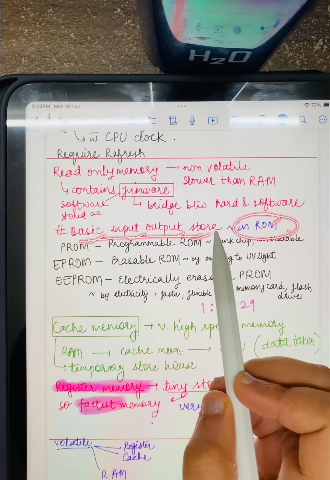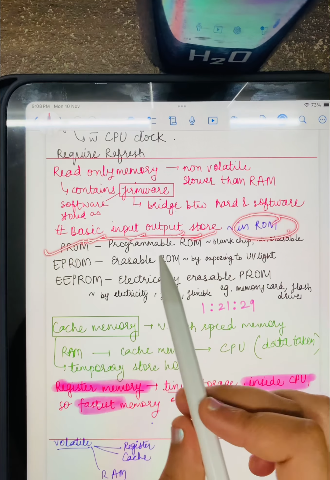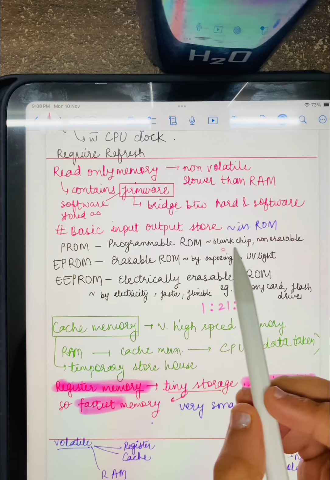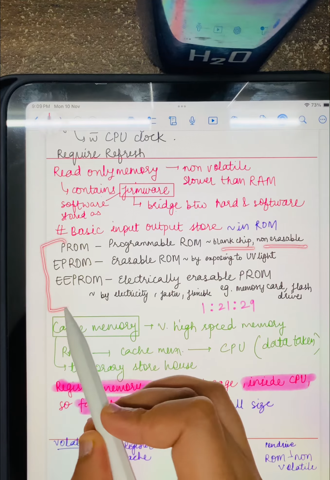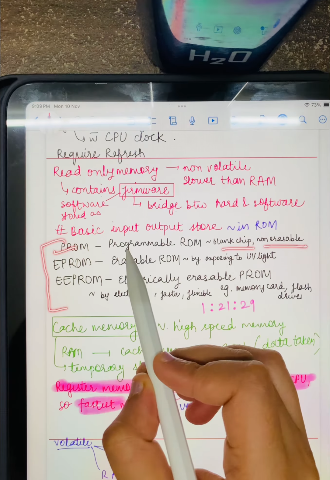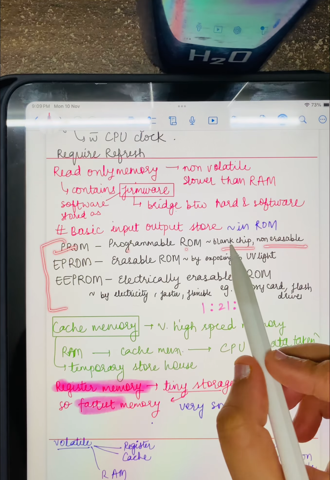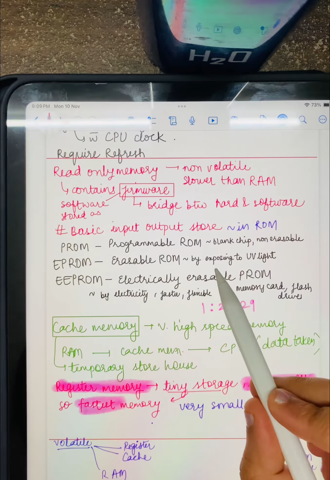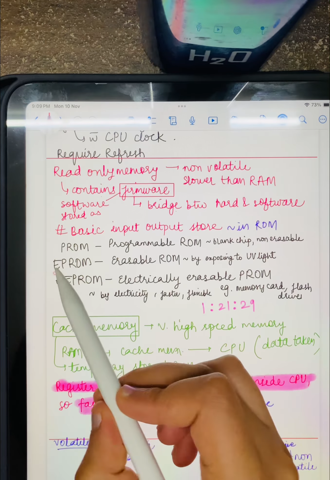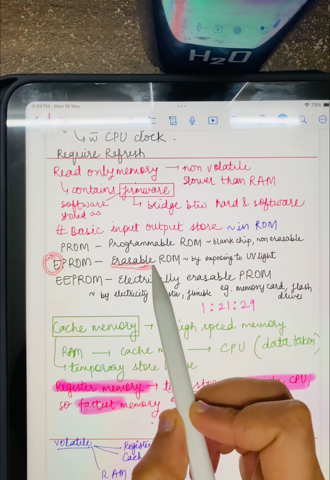Basic input output system. PROM is programmable ROM, which is a blank chip and it is non-erasable. So learn these differences. It can't be edited. So in EPROM, we add this erasable component.